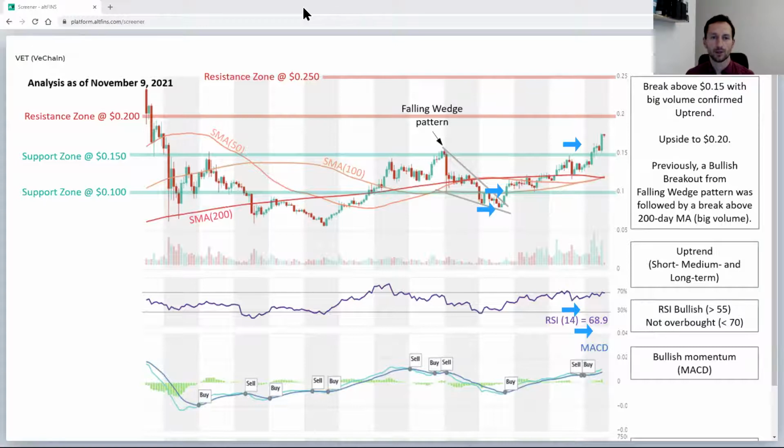So let's see if we have some questions here. Do I see an RSI divergence on LRC on the 4-hour? Okay, I'll take a look at it. So that's VeChain and the falling wedge pattern.